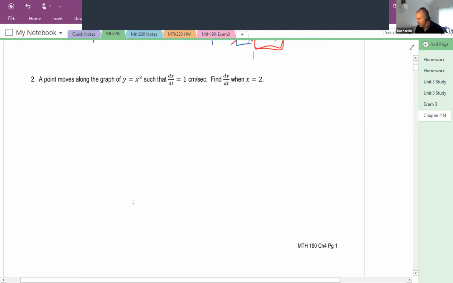We have a point moving along the graph y equals x cubed, such that dx/dt is 1 centimeter per second. We're going to find dy/dt when x is 2. Let's draw the graph of this and see if we can guess whether it's going to be positive or negative. Y equals x cubed. Whoops, I'm still doing red.